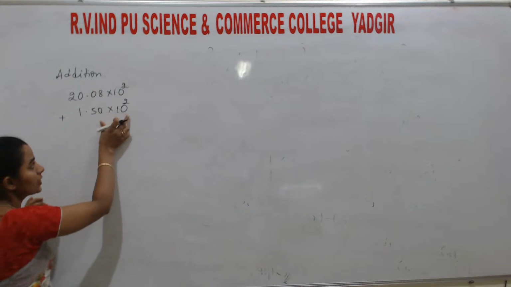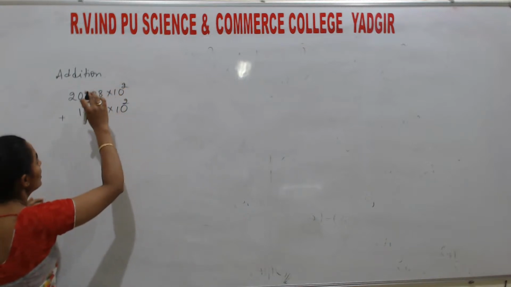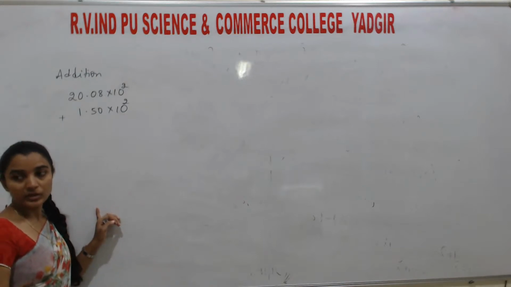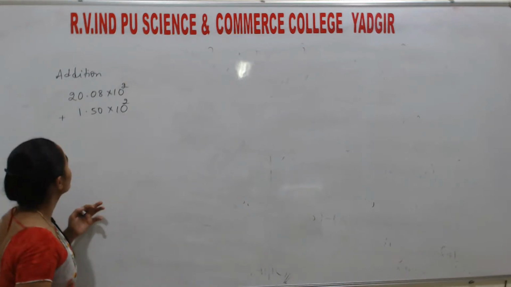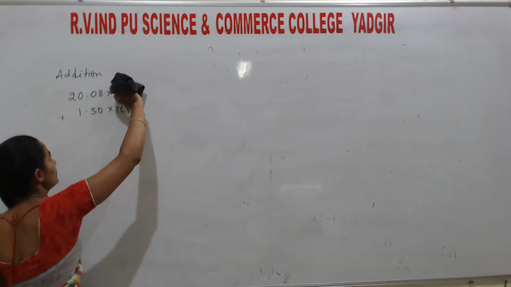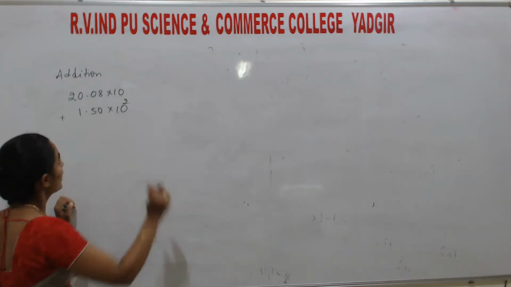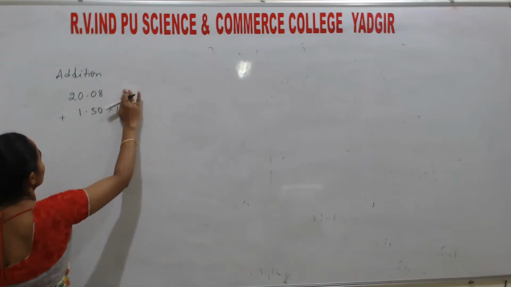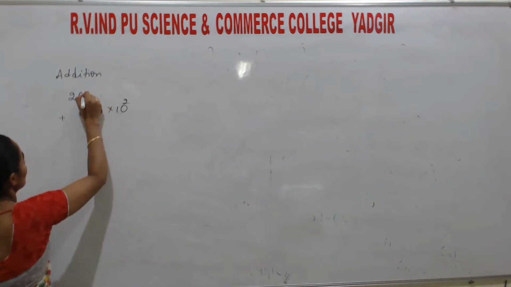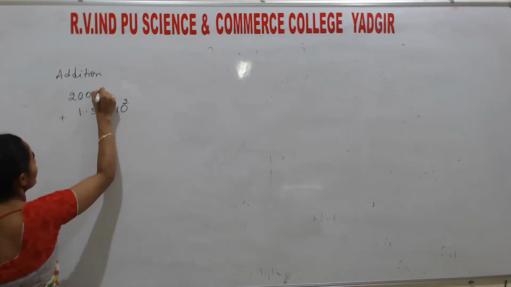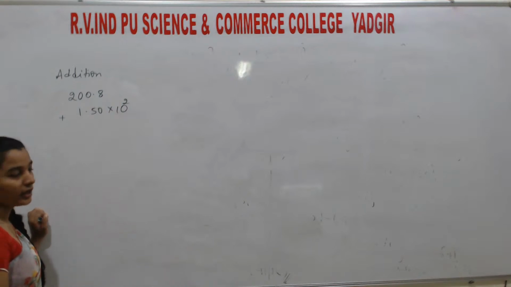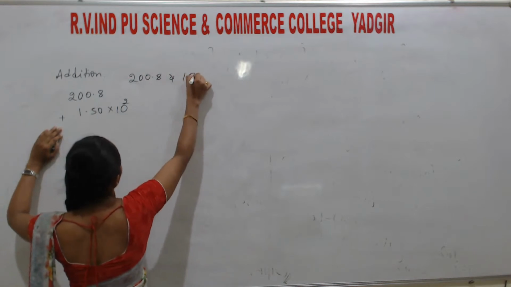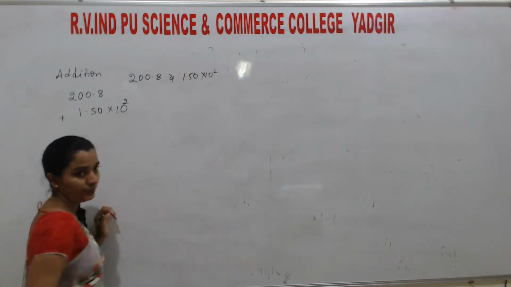Remember, for this addition, you have to see these powers must be same. Powers must be same. If instead of this it is like 200.8, okay, two numbers I'll take for addition, 200.8 and 1.50 into 10 to the power 2.